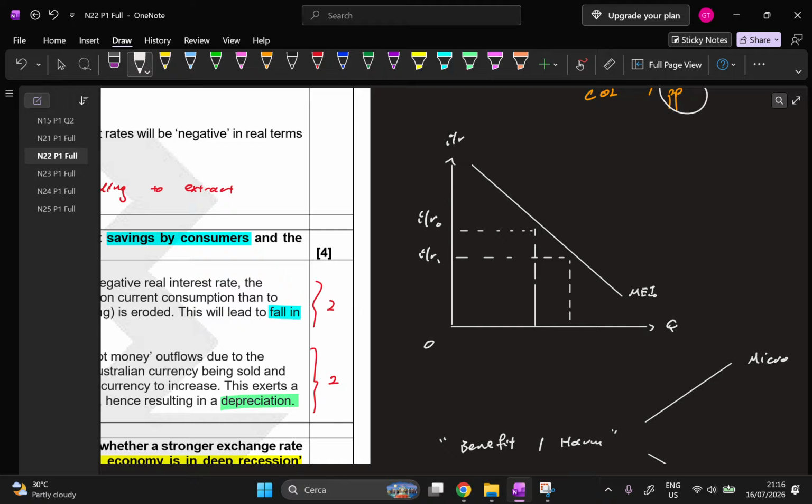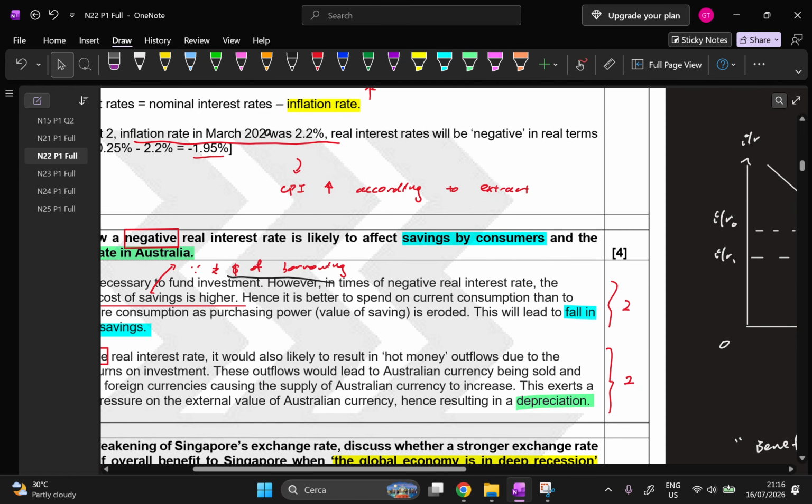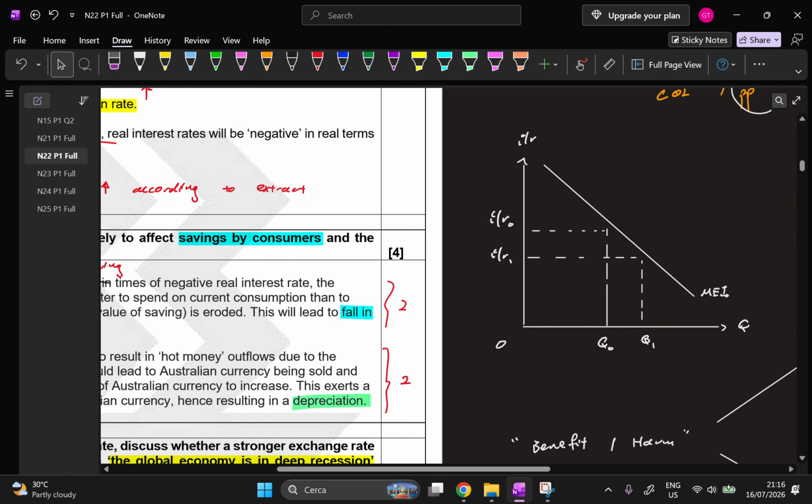So for this analysis, we assume that people will only take on investments if they determine the investment to be profitable. So as a result of the lower interest rate, as a result of the lower cost of borrowing, the quantity of profitable investments, and therefore by extension, the quantity of investments that people will undertake will increase from Q0 to Q1. Understand? Fantastic.